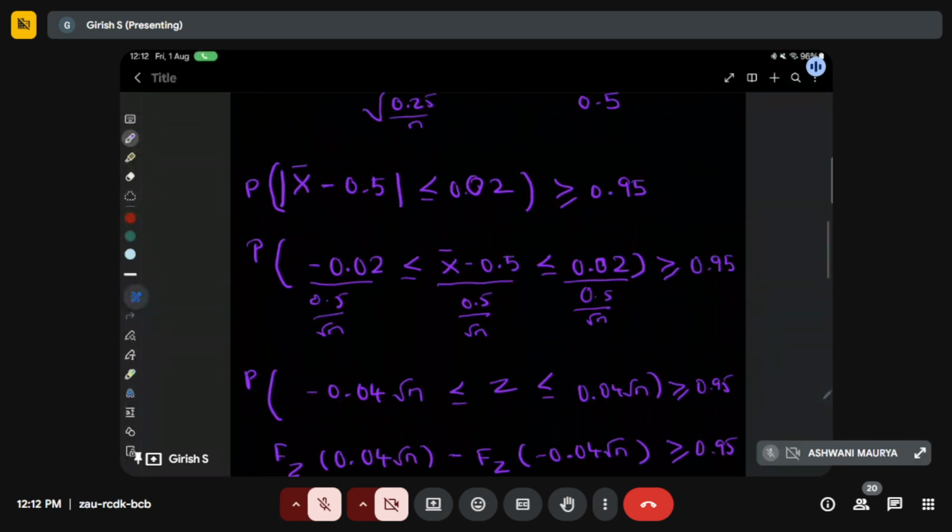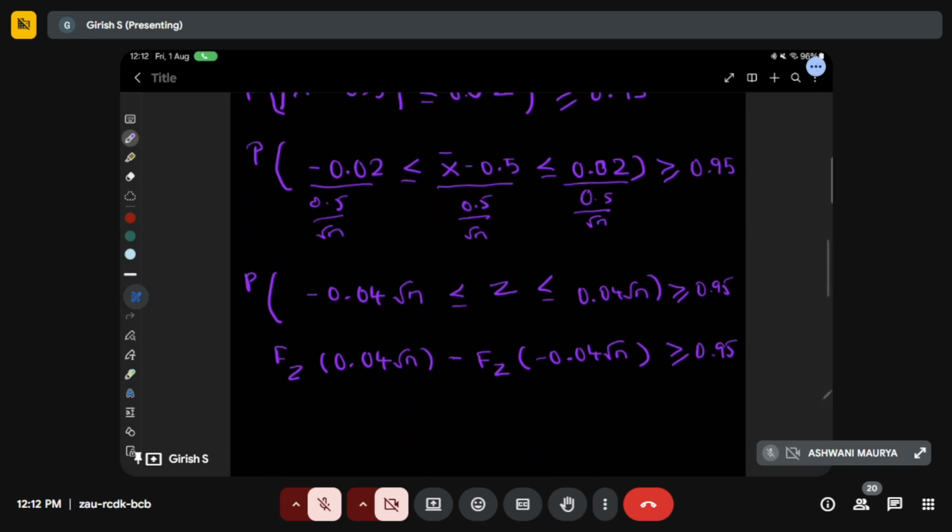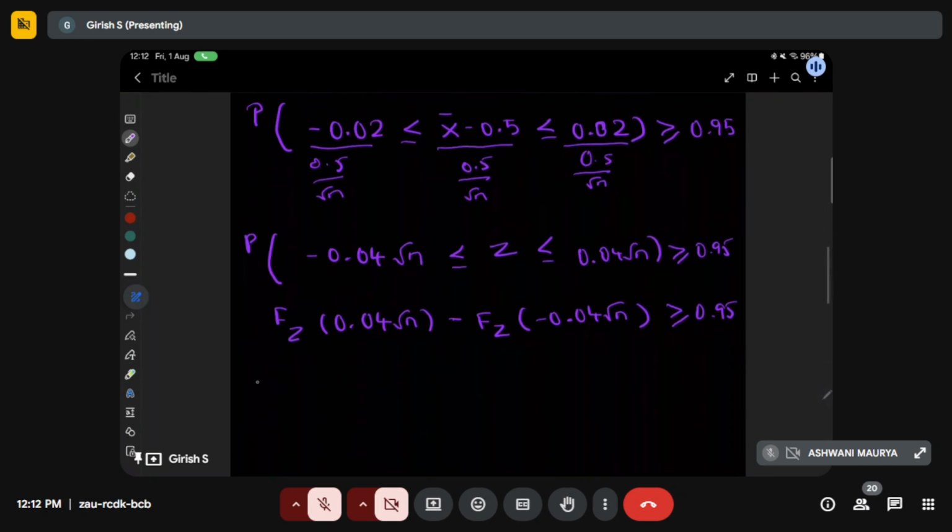Since this follows the standard normal distribution, I am just writing this as Fz of 0.04 root n minus Fz of minus 0.04 root n. I can write that formula for you here as well. If this is standard normal distribution, then this is basically Fz of b minus Fz of a. I just apply this here. Is it clear?